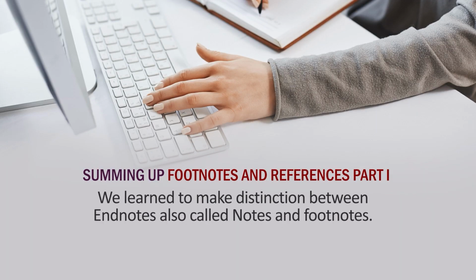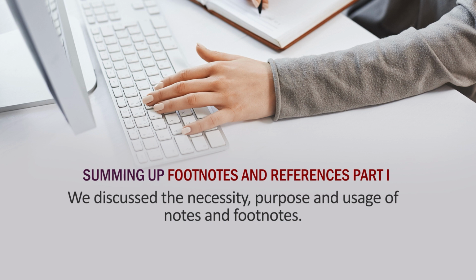We learned to make the distinction between endnotes, which are also called notes, and footnotes, and their placing in the text. Footnotes come at the bottom of the page, while notes or endnotes come at the end of the chapter, the research article or the book. We discussed in this lecture the necessity, purpose and usage of notes and footnotes.